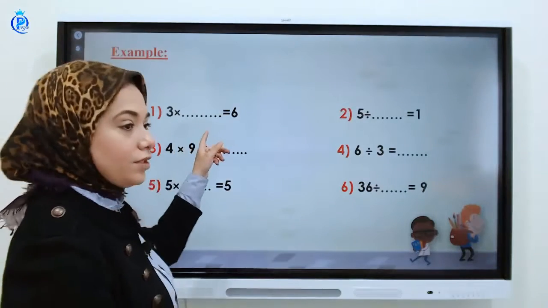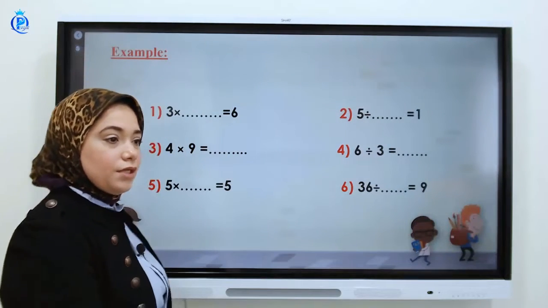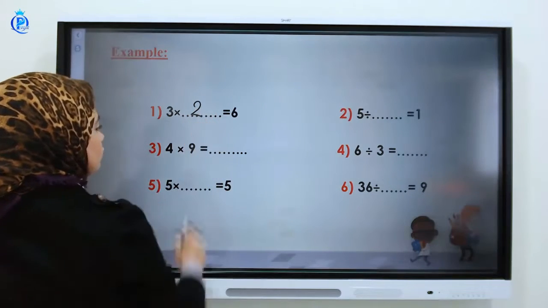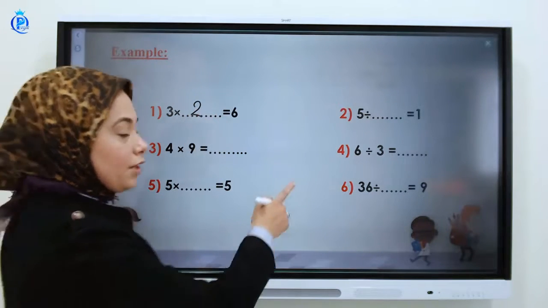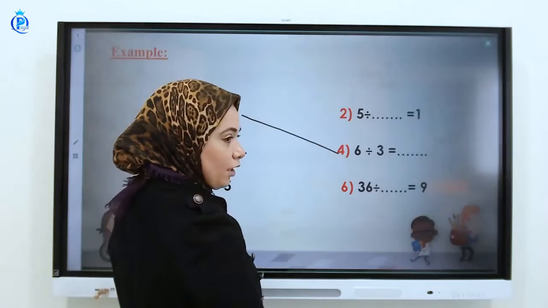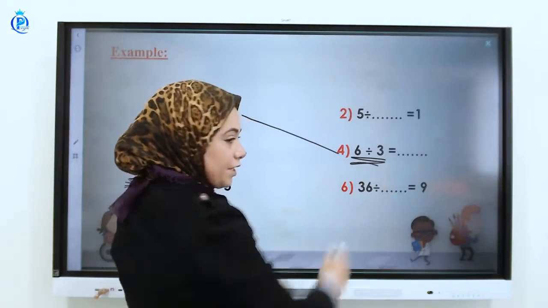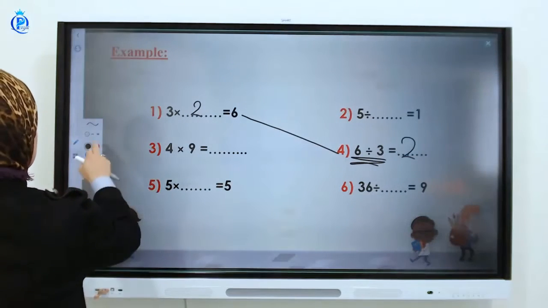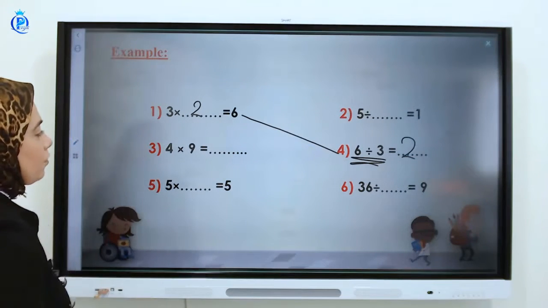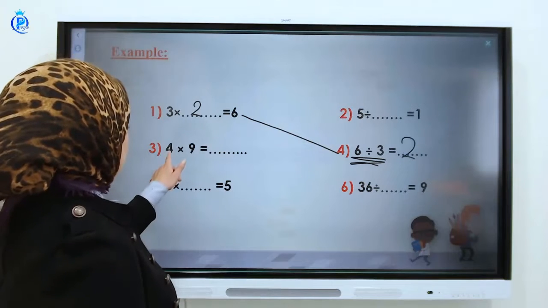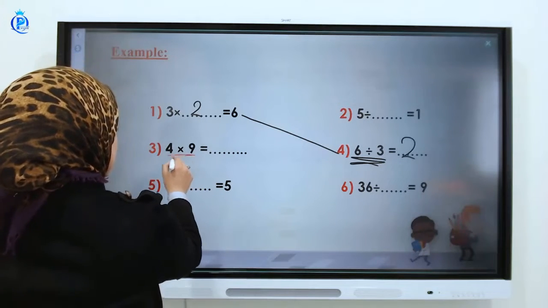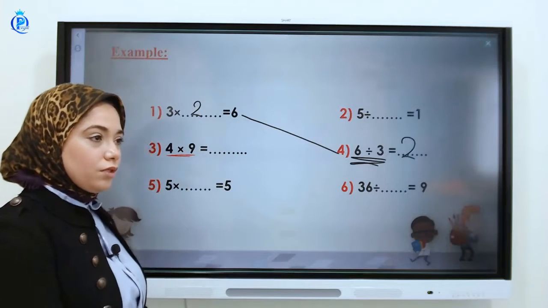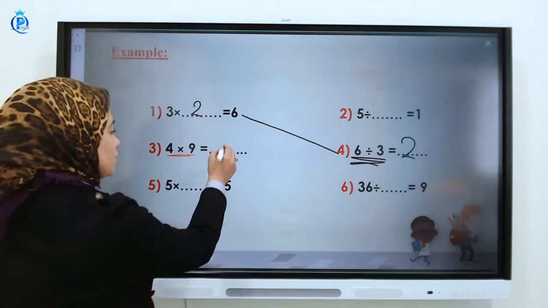3 times what is equal to 6? 3 times, excellent, 2. 3 times 2. On the other hand, 6 divided by 3 is equal to 2. Right or wrong? Okay, here. 4 times 9 equal to what? 36.